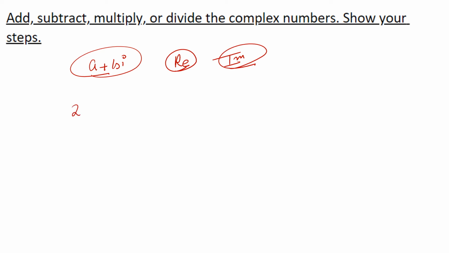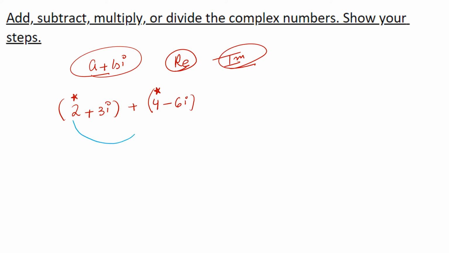So let's suppose 2 plus 3i and you want to add it to 4 minus 6i. Remember that 2 is the real part of this complex number and 4 is the real part of the other complex number.